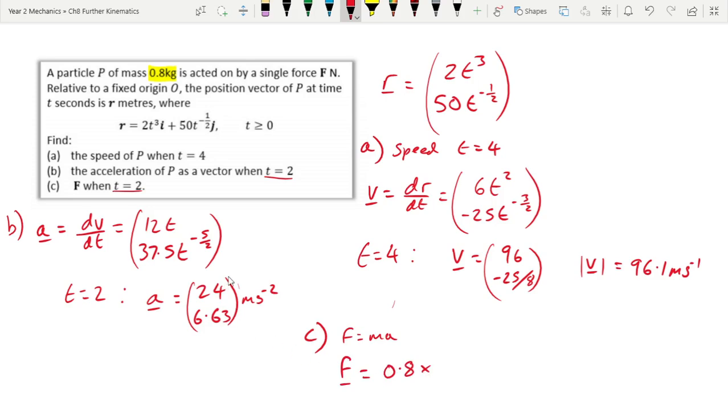If we had to do it at a different point in time, we'd have to substitute a different number into here, but it's at exactly the same point, so I can just use this answer here. So 24, 6.63. So the force is 19.2 and about 5.30 newtons. There we are. So it's nothing really more complicated necessarily so far. It's just doing it to two directions at once, really.